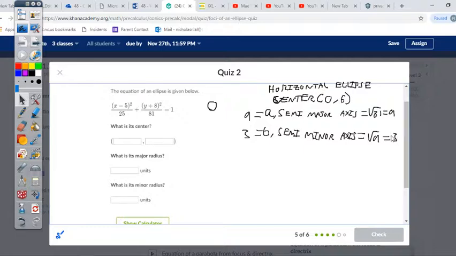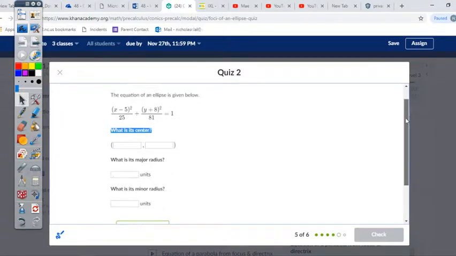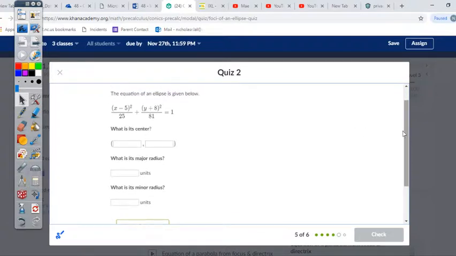The equation of an ellipse is given below. What is its center? What is its major radius? What is its minor radius? So here, the center is going to be (5, -8).